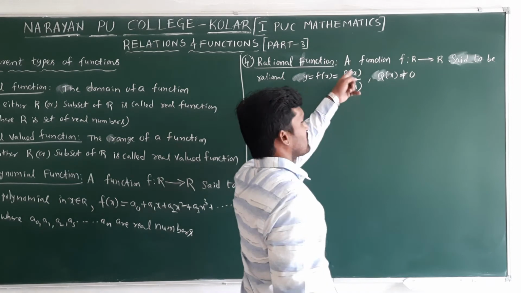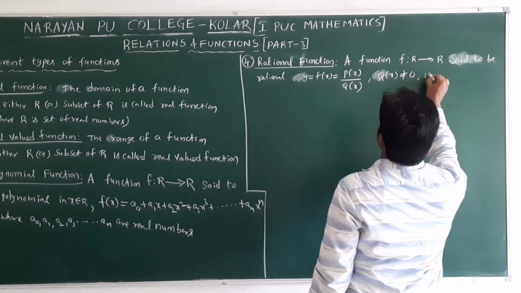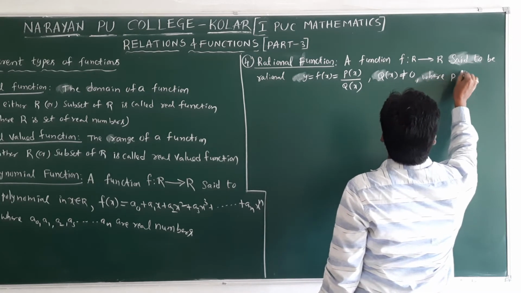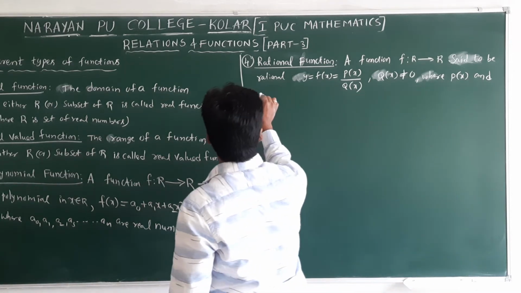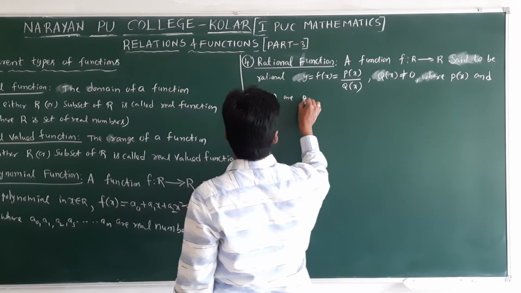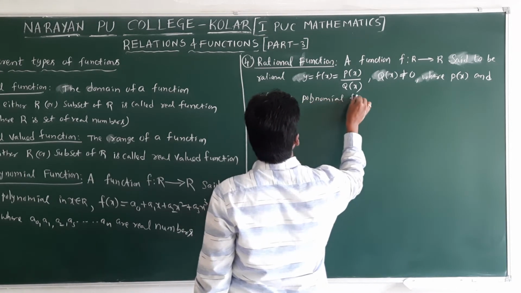If it is 0, it will become not defined. Rational, where p of x and q of x are polynomial functions.